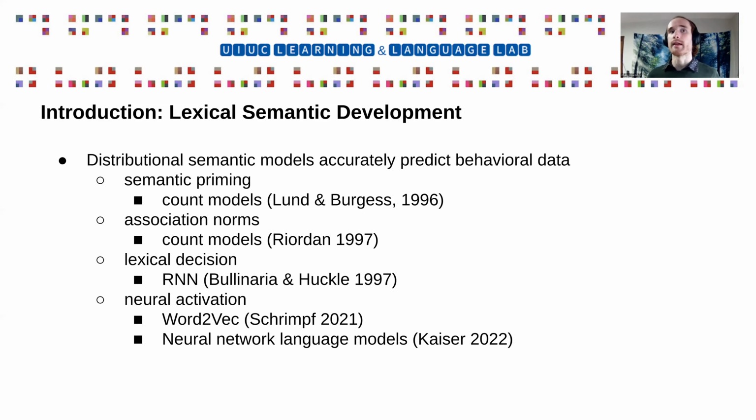So all of this is to say that distributional semantic modeling is quite fruitful, and in particular, the choice of model is really important, and the recurrent neural network in particular seems to be very promising, as well as other neural network language models.